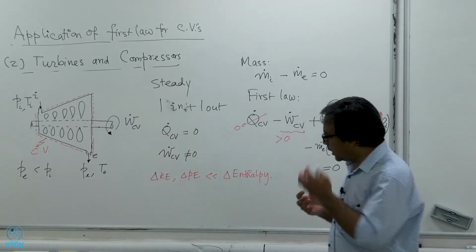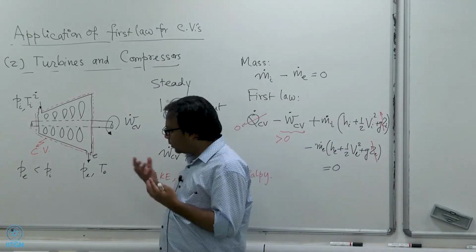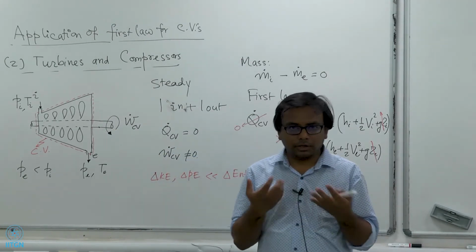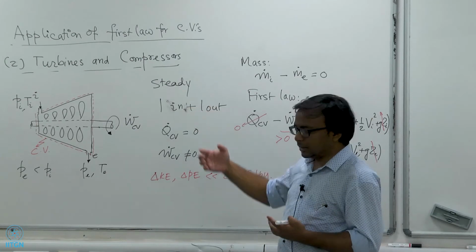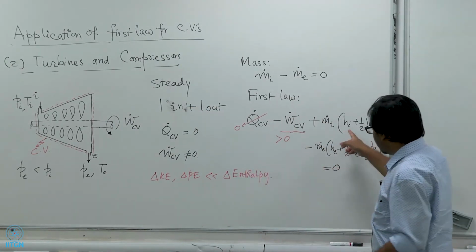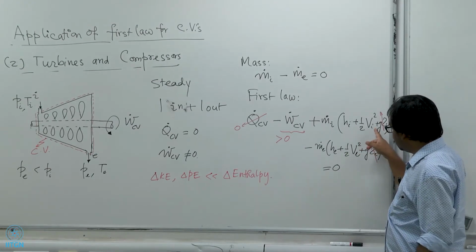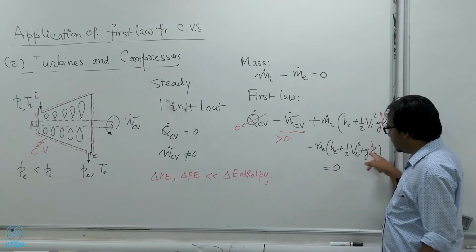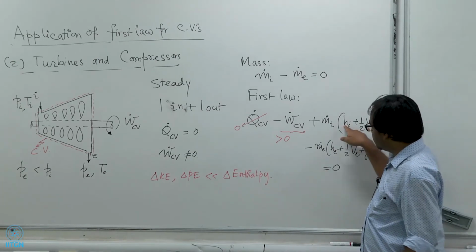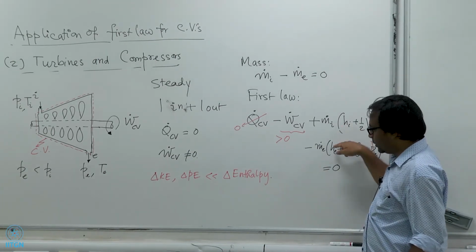You can very easily verify this. Take an example of an industrial turbine. You can get the inlet conditions easily, the outlet conditions easily, you know the flow rate, and you can plug in all the values. You will see that these terms, V I square, g z I, are usually very small compared to the enthalpy terms. The two enthalpy terms dominate.